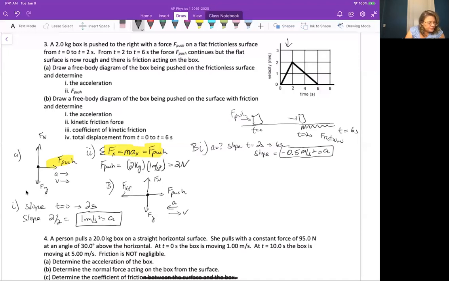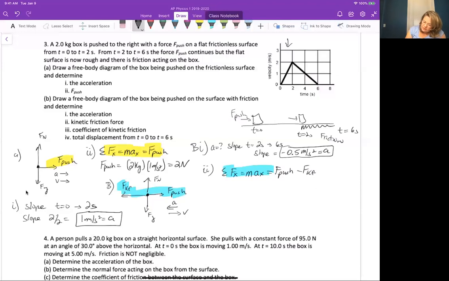I need to now know during that time, what is the kinetic friction force? Well, sum the forces. Now I must look at this. I'm going to sum the forces in the x direction, which will equal mass times acceleration in the x direction, which is equal to the force of the push, which we found earlier, minus force of kinetic friction.